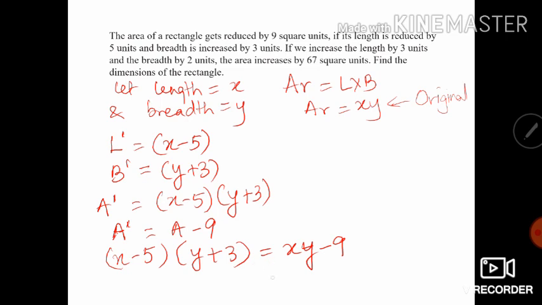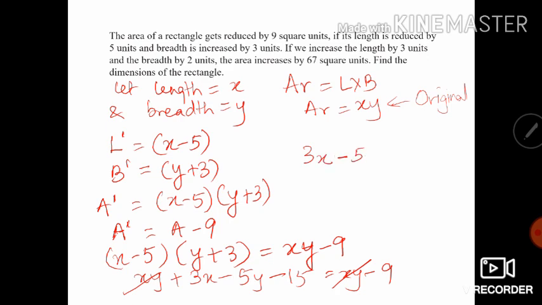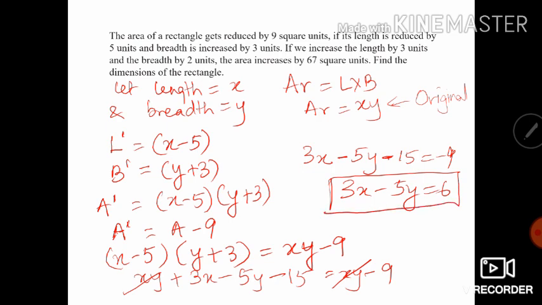Reduce it to the standard form. We get xy plus 3x minus 5y minus 15 equal to xy minus 9. The xy term gets cancelled. The equation reduces to 3x minus 5y minus 15 equal to minus 9, which is 3x minus 5y equal to 6. This is our first equation.